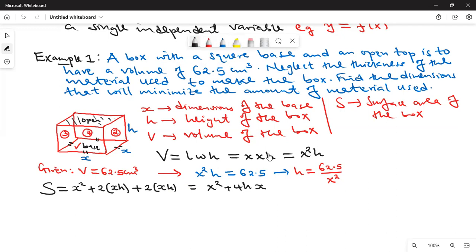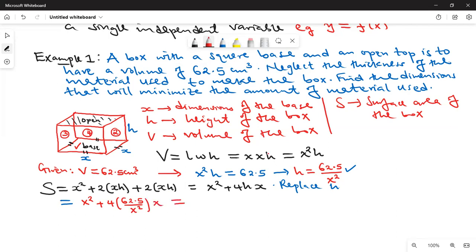But I know h. So you need to replace h. Look at our h, it is 62.5 over x squared. So that our surface area can now be written as x squared plus 4 times h, which is 62.5 over x squared, and this is times x.